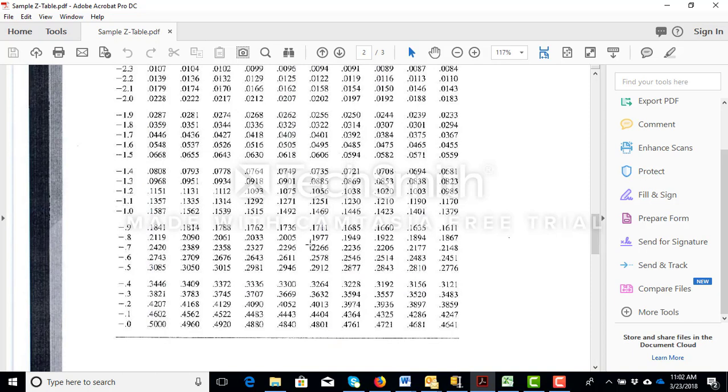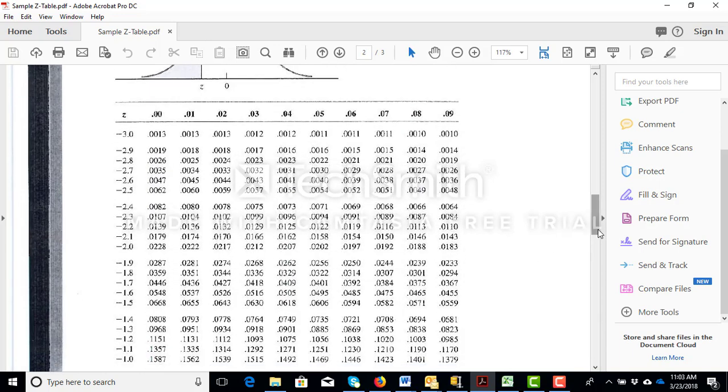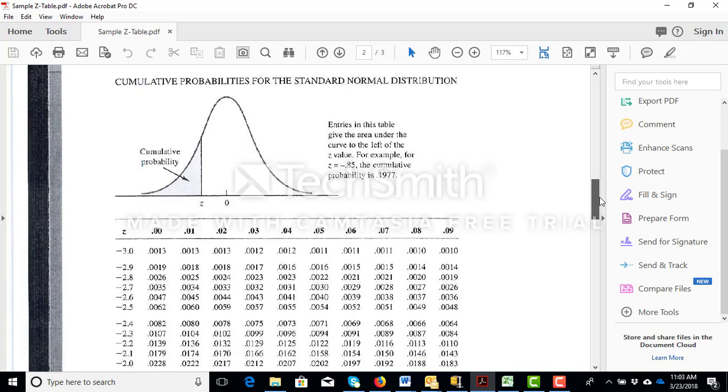So I'm going to be focusing on this string of numbers, and I'm going to look at this column here, column number 6, because the header is 0.05. So the probability of having a z-score of minus 0.85 or lower is exactly 19.77%. That is the probability that's associated with a z of minus 0.85. That's what's in the example here.